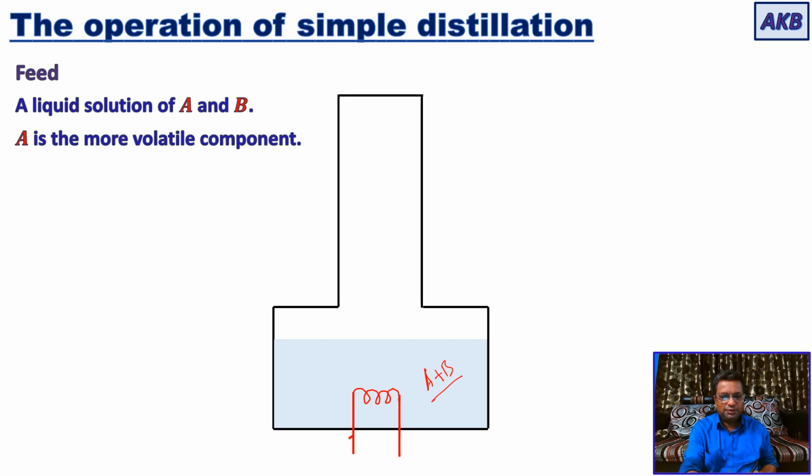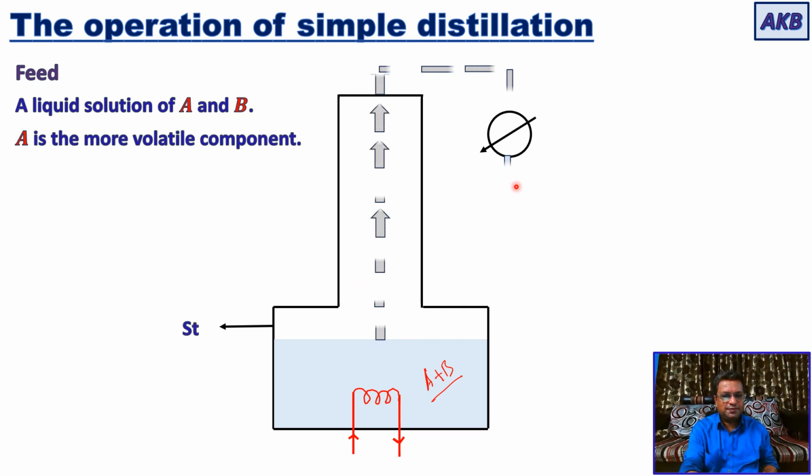The resulting vapors will be rising up and they will be removed at the top, and after removing them at the top, they will be taken to a condenser, and then in the condenser they will be condensed to get the distillate.